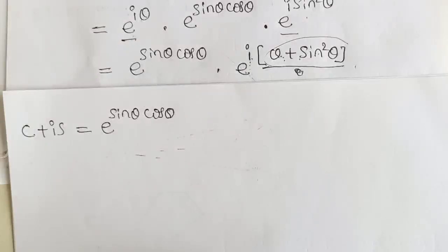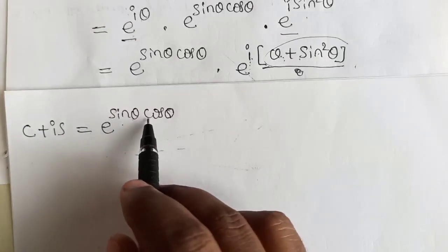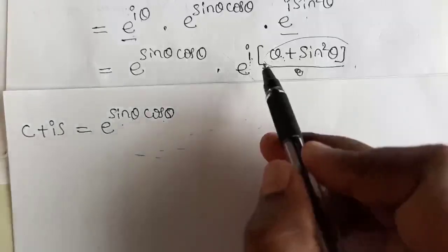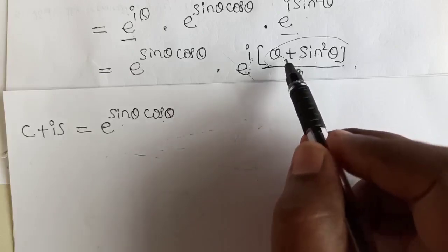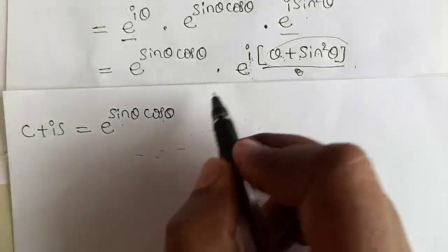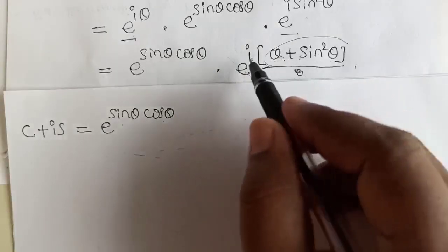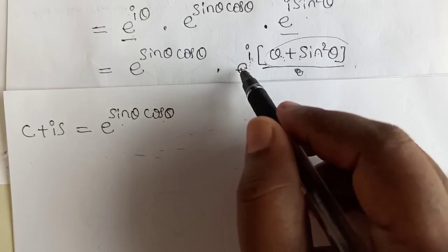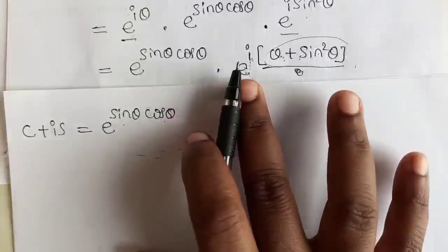Now further simplifying, this equals e raised to sin theta cos theta as it is, times e raised to I theta form. First we have to represent this in polar form, so imagine this whole term as theta. Now you can represent it in polar form, that is cos theta plus I sin theta.